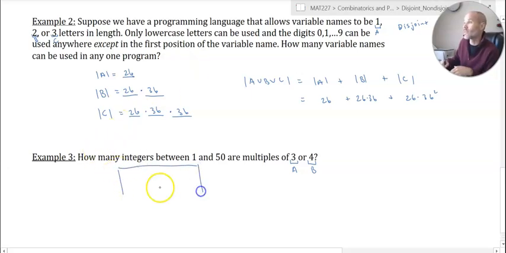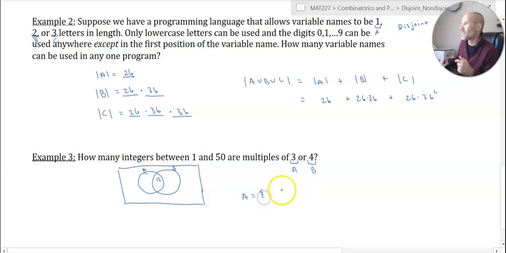So here in this case, A and B have an overlap, right? It's going to have some overlap. For example, 12 is going to be in here because it is a multiple of both 4 and 3. And if we start to list these out, this is probably my favorite way to approach this, is list out the elements in A. There's not that many of them.